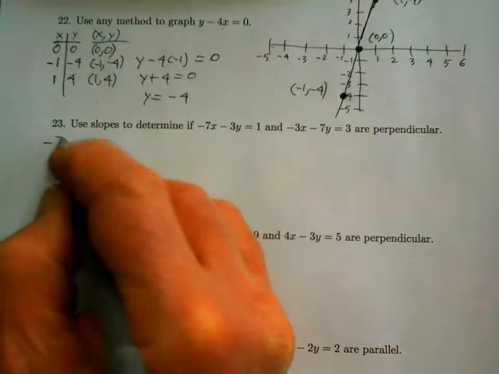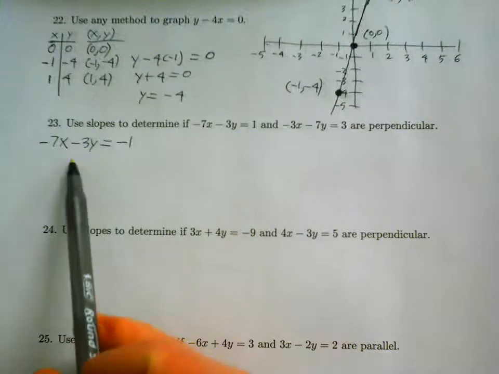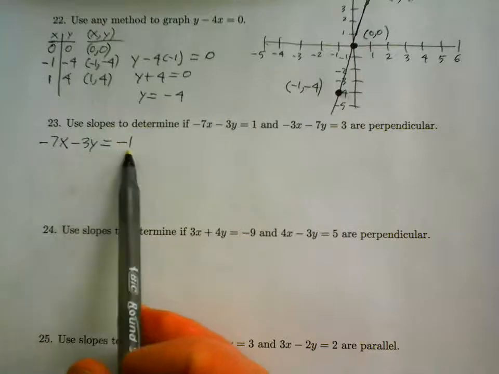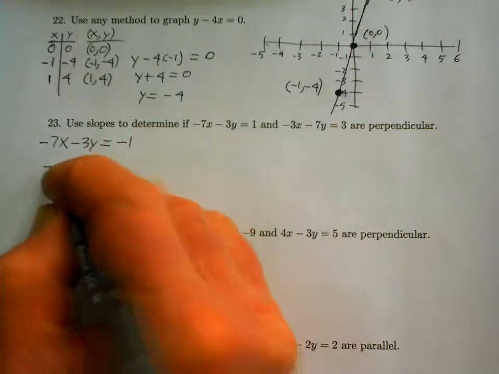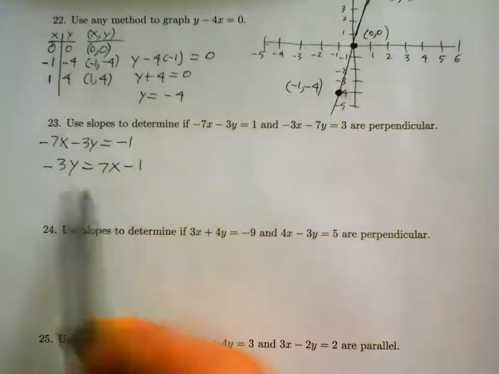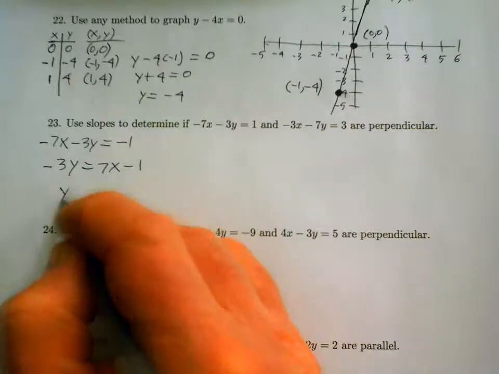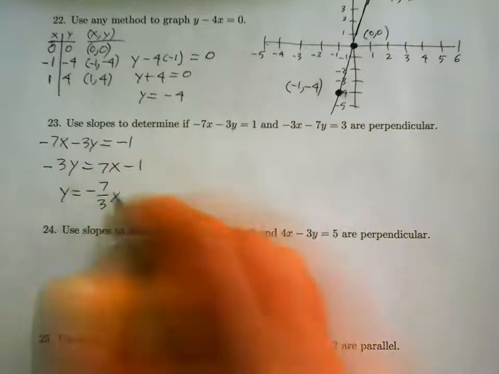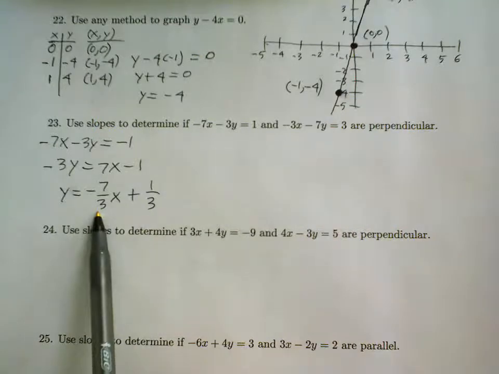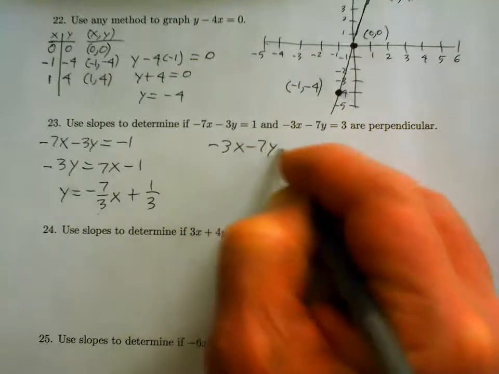If we rewrite each of those in slope-intercept form, so -7x minus 3y equals -1, we can add 7x to both sides, and we get -3y equals 7x minus 1. Then divide every term on both sides by -3. We get y equals -7/3 x plus 1/3. The slope of this line is -7/3. For the other line, -3x minus 7y equals 3.